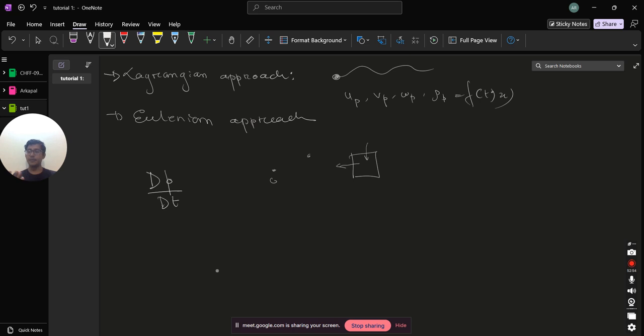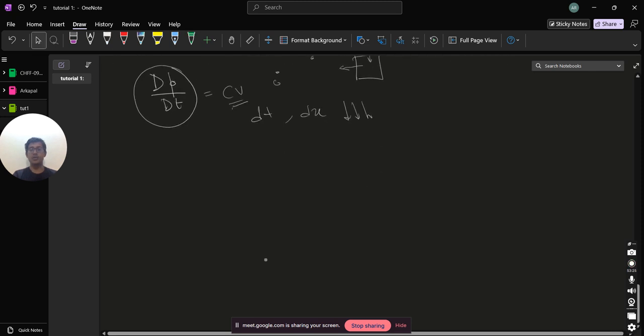So what the material derivative does is that when we have the limit of delta t and delta x very small, then at a particular instant, at a particular control volume, we can equate both of these. This material derivative can be equated with the control volume approach. I will show how it comes up.